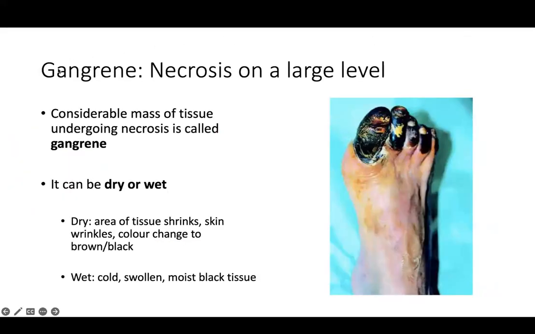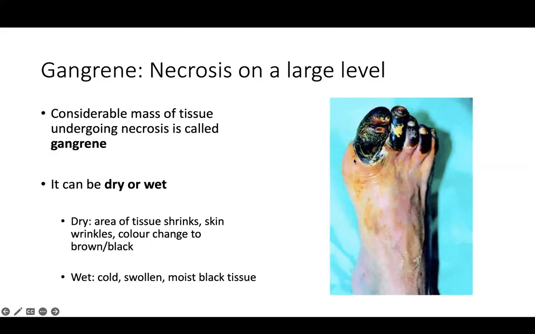Necrotic tissue on a very large scale is something called gangrene. So when there's a considerable mass of tissue undergoing necrosis, it's called gangrene. There's two types of gangrene: dry gangrene and wet gangrene. Dry gangrene, you can tell because the tissue around the injured area sort of shrinks. The skin sort of wrinkles. You can see some wrinkles on the side here.